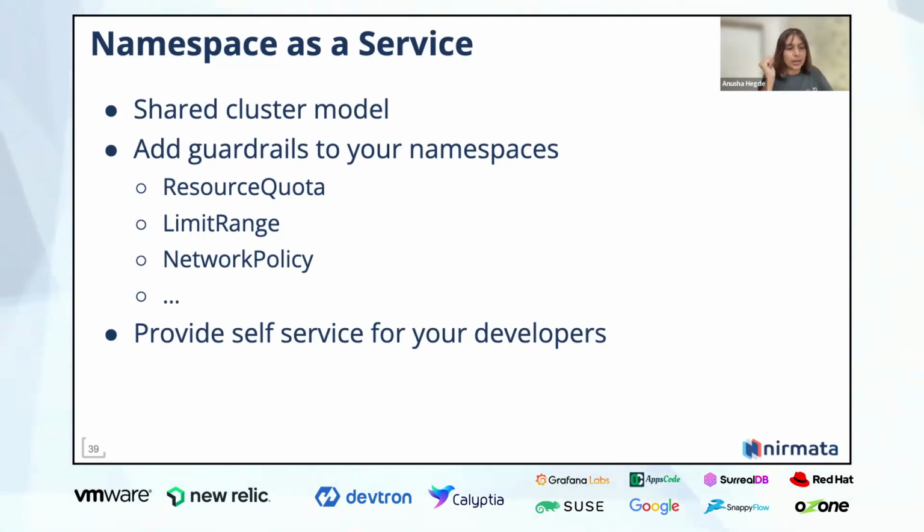You can create network policies, just so that one particular team doesn't use up all the resources, or abuse the set of resources that are given to them and put other teams at risk. That is why it is important for you as the DevOps or platform admin to set up guardrails for all your namespaces. And Kyverno definitely can help with this, and we'll see how.